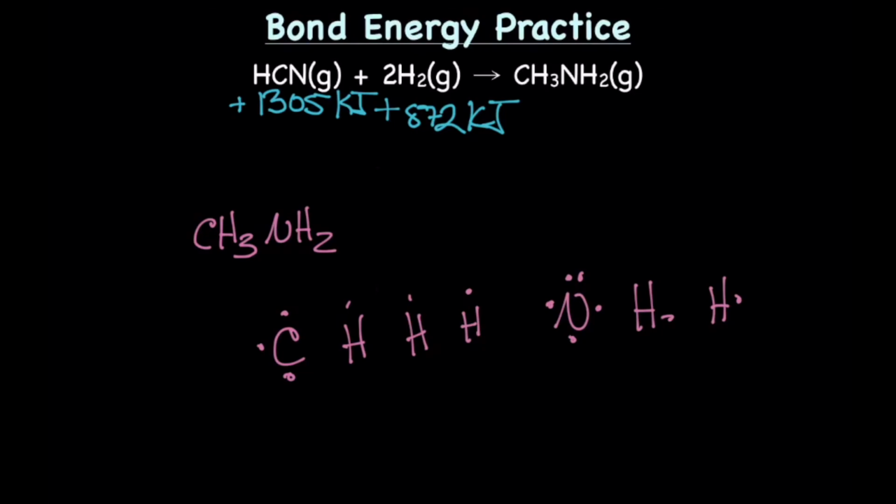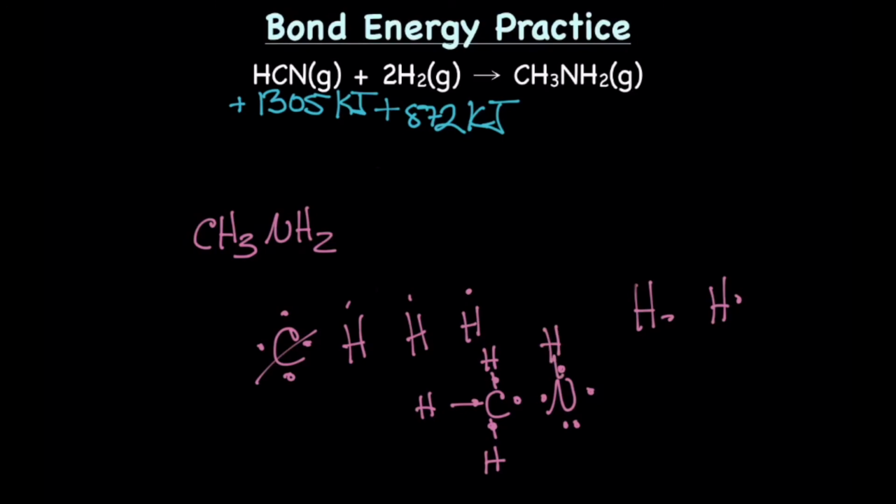So if we start with the C, we'll have C and then our N. So we'll have the N connected. And then there are going to be 3 H's connected to the C. And I'm out of room. Let me move this. 2 H's connected to the N, and the C and N will be connected together.